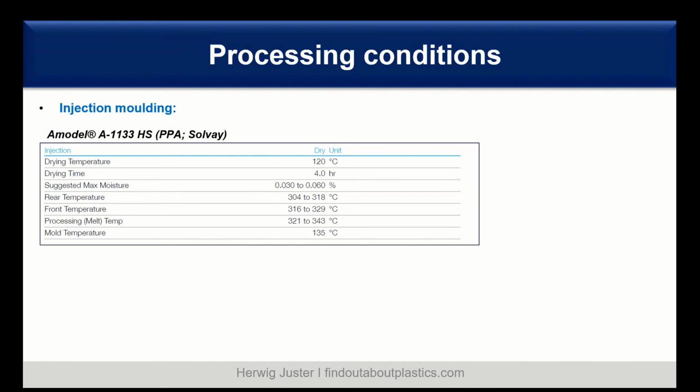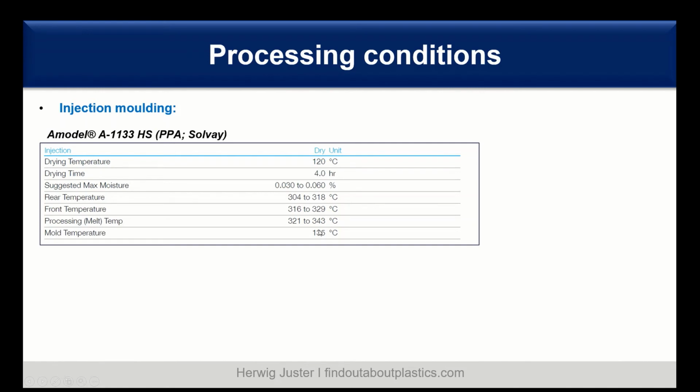Yeah, and then we need the different temperature zones on the plasticizing unit, and also on the mold, and also the melt temperature itself. Here we see it should be between 321 and 343 degrees C, and the mold temperature is in the range of 135 degrees C.